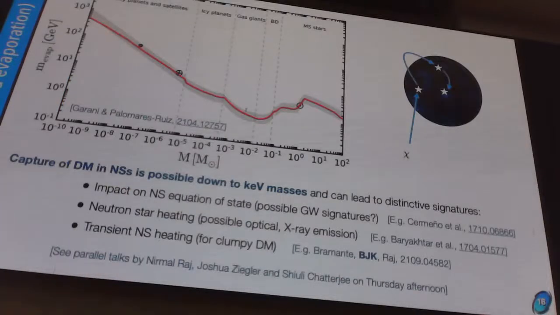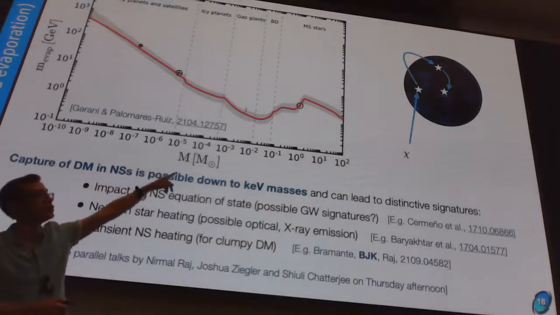I'll briefly say something about this dark matter capture question. One of the reasons that neutron stars are so interesting is that there are lots of things in the universe which can capture dark matter. You can capture dark matter in planets and in main sequence stars.